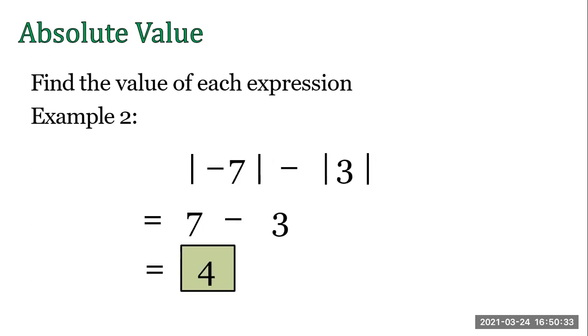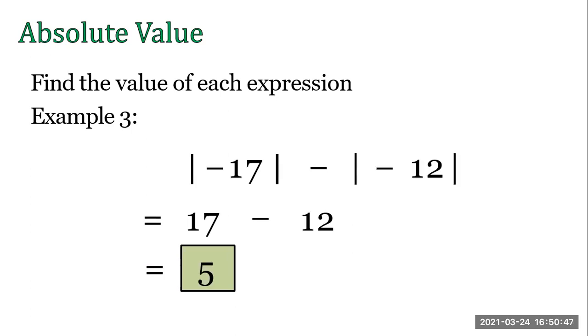Next, absolute value of -7 minus the absolute value of 3. Since the absolute value of -7 is 7, then minus 3, that is 4. Next, absolute value of -17 minus absolute value of -12. Okay, since the absolute value of -17 is 17, minus 12, since the absolute value of -12 is 12.